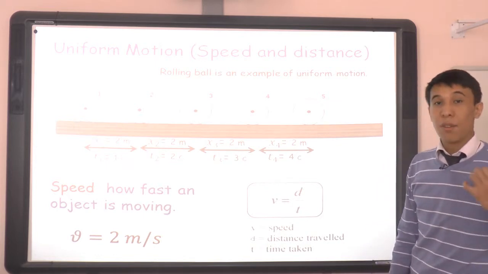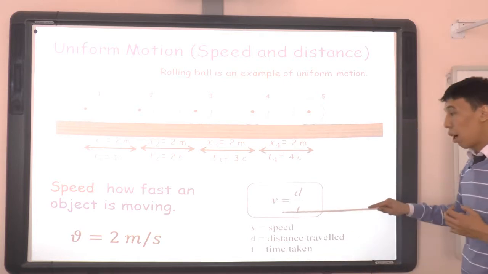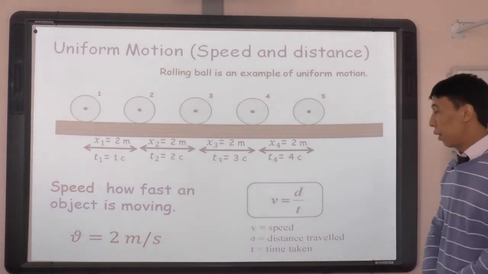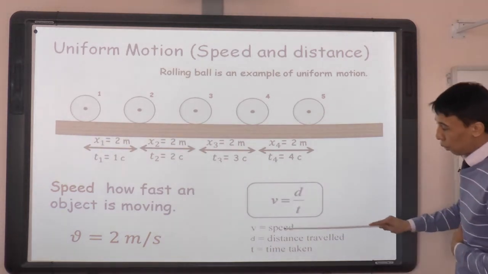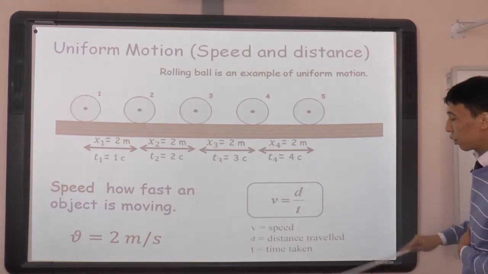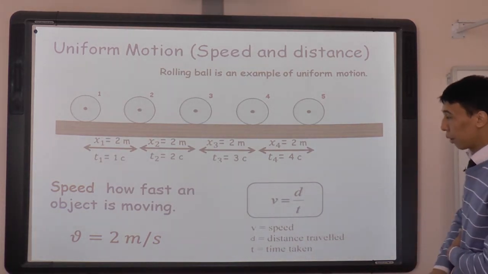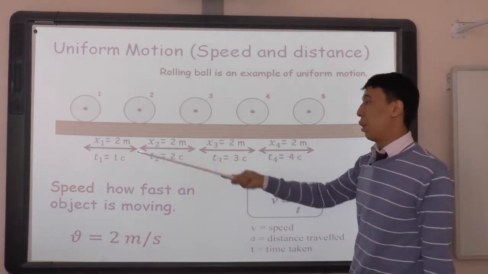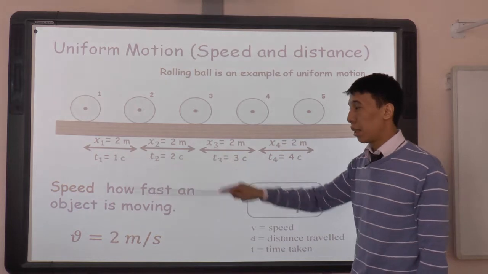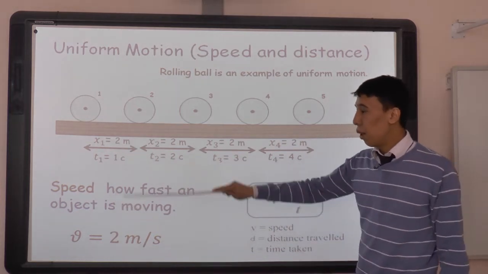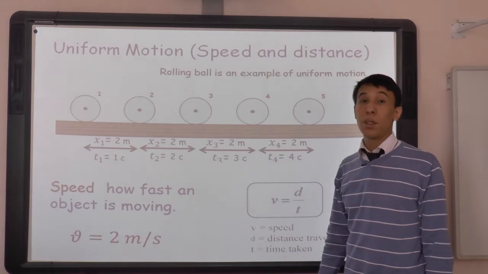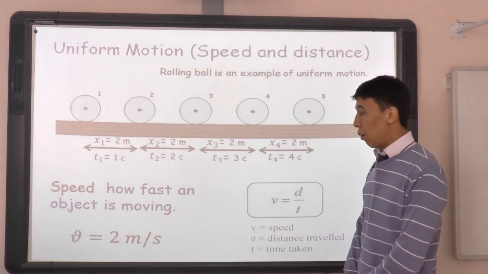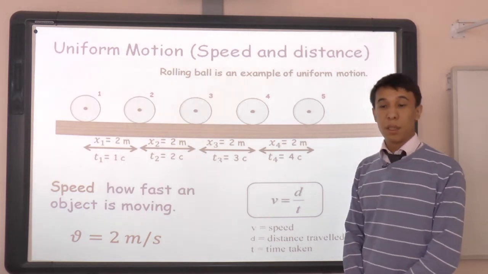Yes, you are right, and this is our equation of uniform motion for speed. v is the speed, d is the distance traveled, and t is the time taken, okay? In this case, we can just divide the distance by the time taken. For example, 2 divided by 1 gives us what? 2 meters per second. And finally, we have our speed.